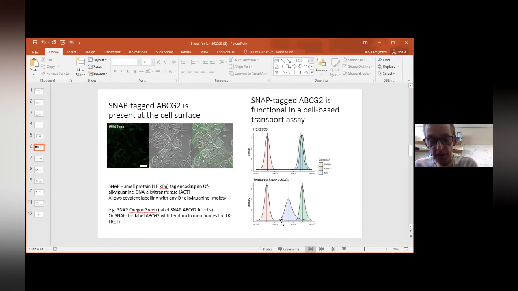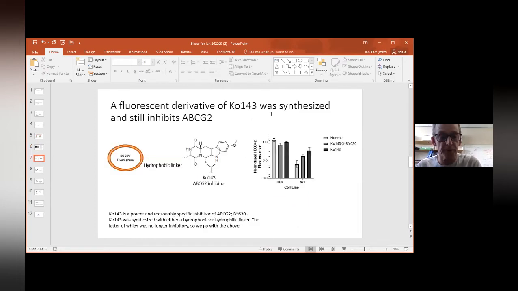That's this population, this fluorescence of mitoxantrone on this axis. When we add the classic inhibitor of ABCG2, which is KO143, we shift this population to the right, which shows that they're now accumulating mitoxantrone.